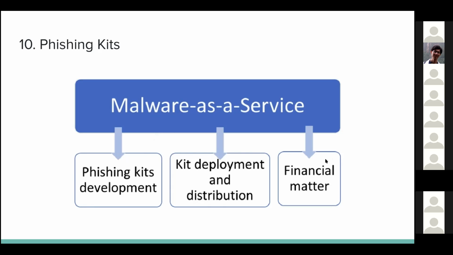And then the third level is more financial matters like money use and financial data providers. So here you're saying that the malware service not only provides the phishing kits or a template for you to modify phishing kits, but also provides service to deploy the kits, right?